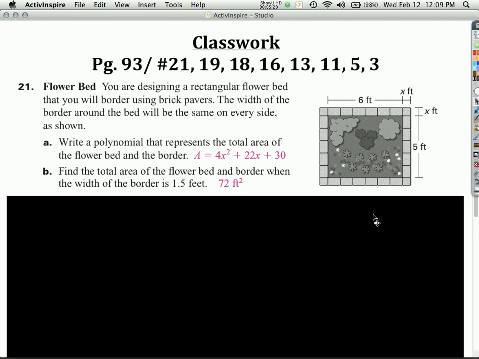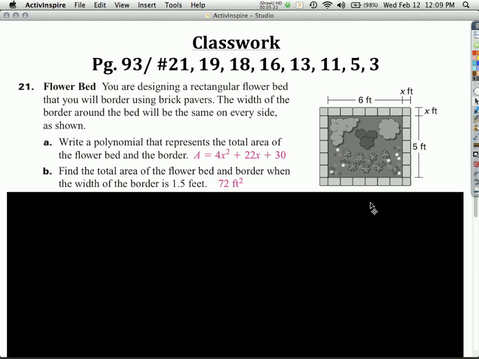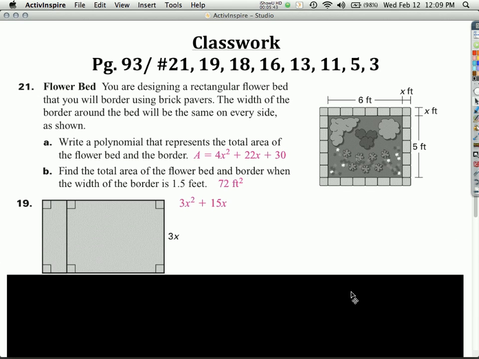Number 21. The expression that I was looking for the total area was 4x squared plus 22x plus 30. And then if you have the width of 1.5 feet, that comes out to 72 feet. Number 19.